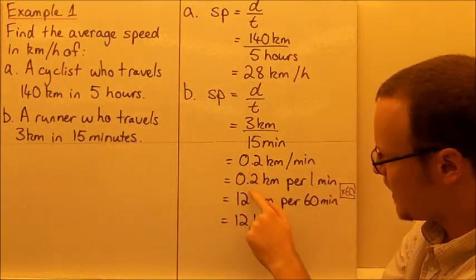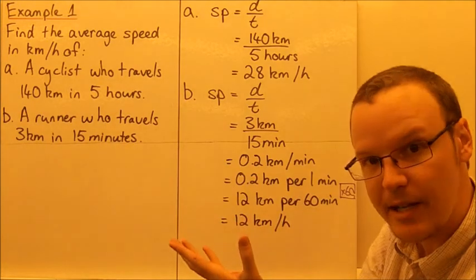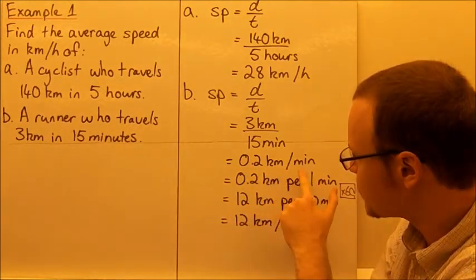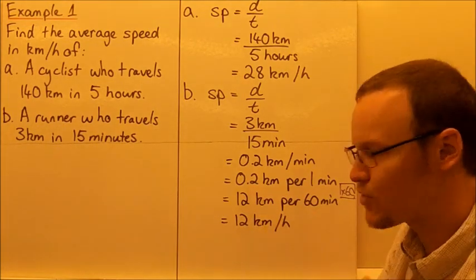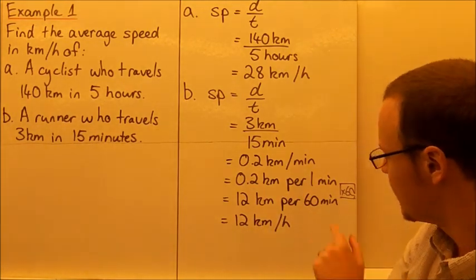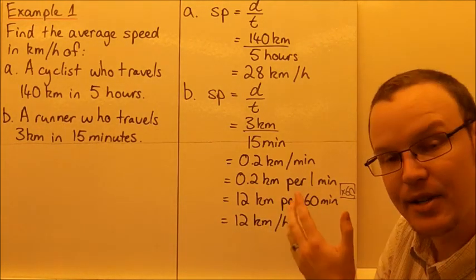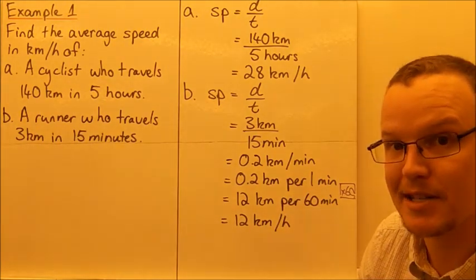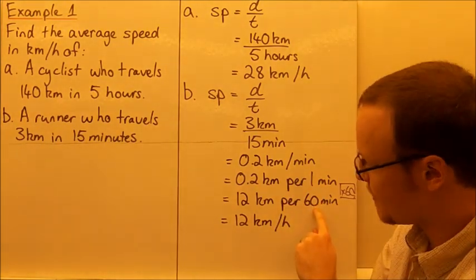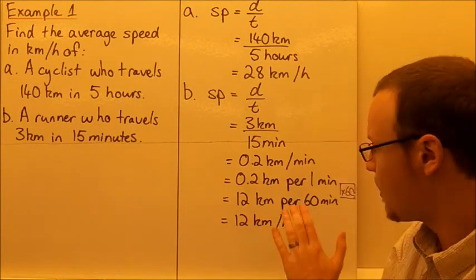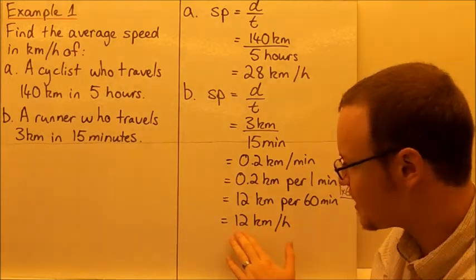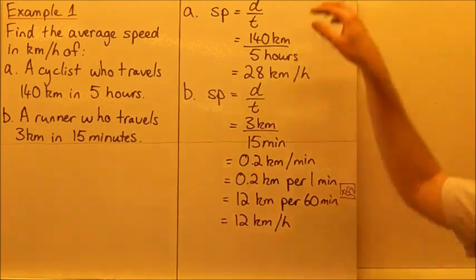A speed is a rate. So 0.2 kilometres per minute means for every 1 minute, he travels 0.2 kilometres. So if we multiply that by 60, there are 60 minutes in 1 hour, we get 12 kilometres per 60 minutes. That means 12 kilometres per hour.